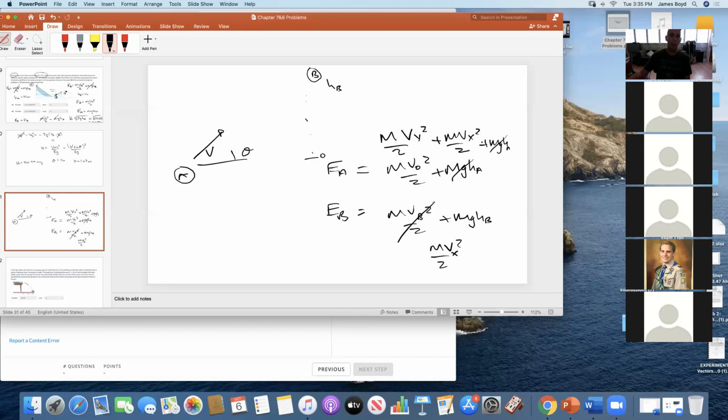This is 0. These would cancel, and what you get is mvy squared over 2 is equal to mgha. And that cancels, and then you get what we got before, that HA is V sine theta over 2G.